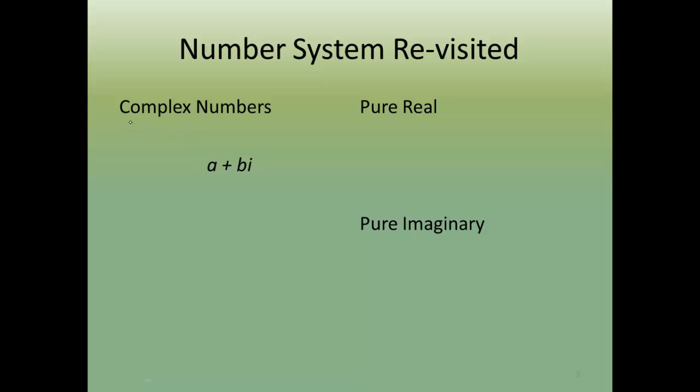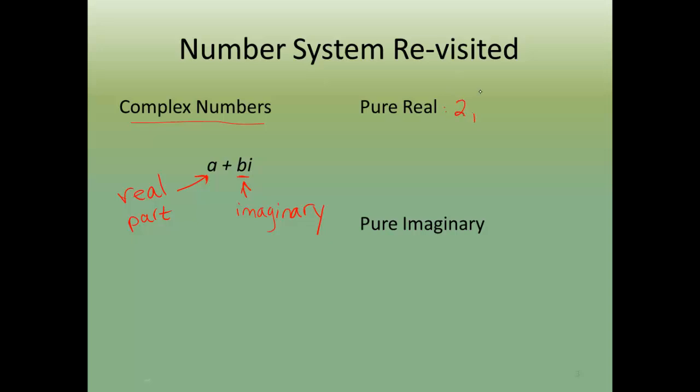And complex numbers are always in this form, a plus bi, where a is called the real part, and the b is called the imaginary part. Now everything we've been dealing with up until now has been a pure real number.